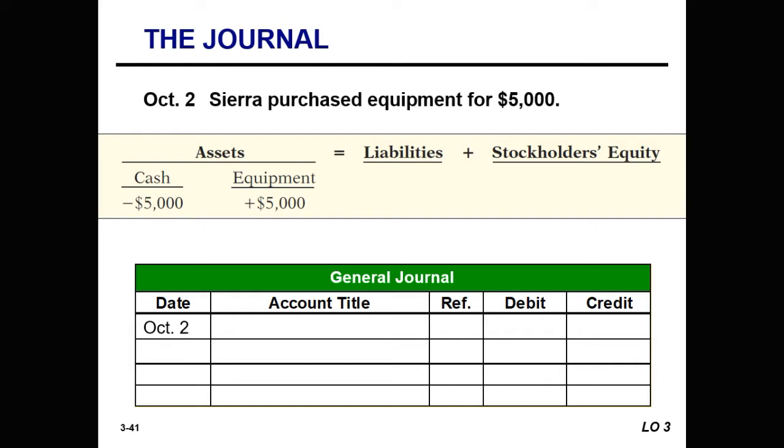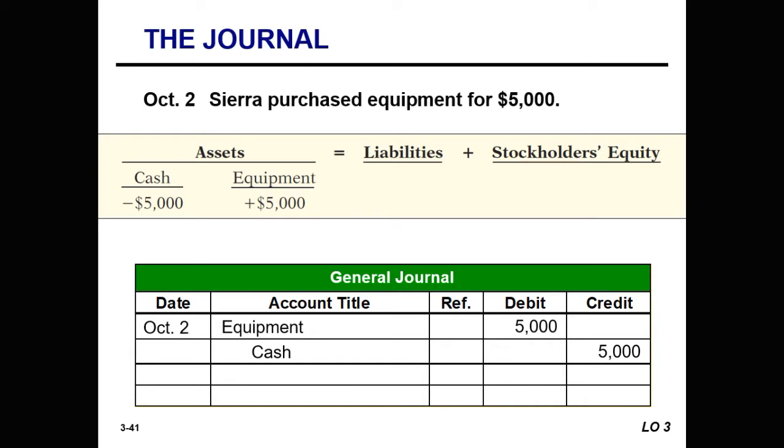So what increased? What asset increased? Well, equipment increased. Equipment is going to be debited $5,000. And then we indent and represent cash and the decreasing cash with the credit of $5,000.